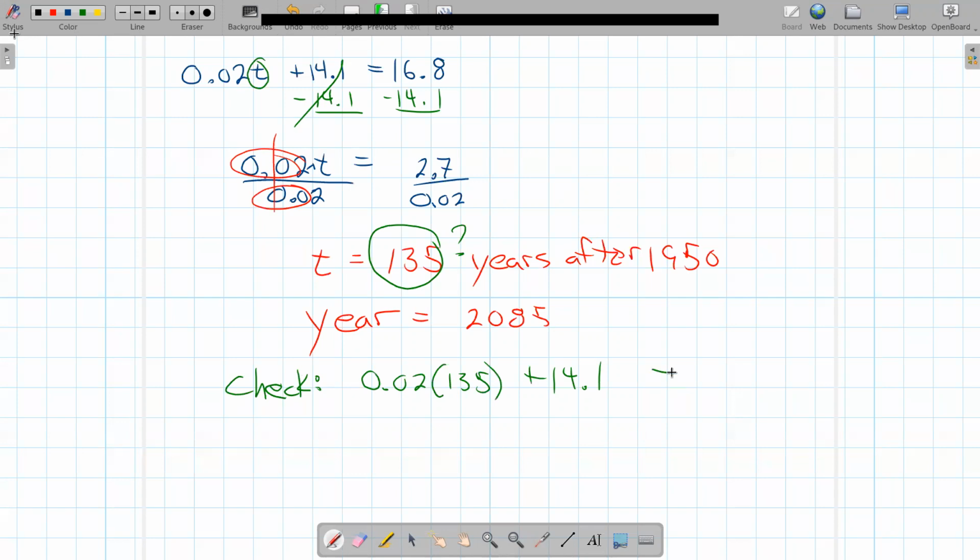My calculator said it is 16.8. So I was just checking to see if I solved this correctly. Yep, 135 years after 1950, which is the year 2085, the average surface temperature should be about 16.8 if the temperature keeps rising at 0.02 of a degree Celsius per year.